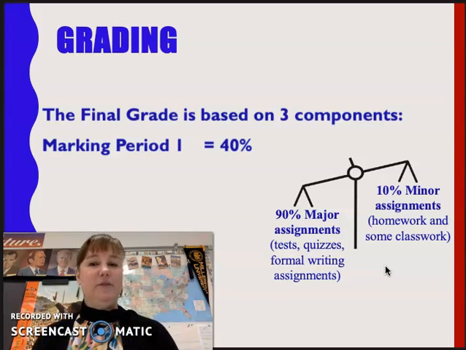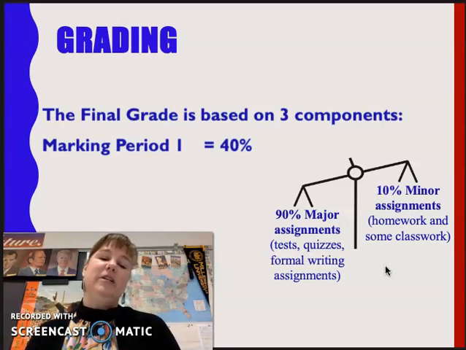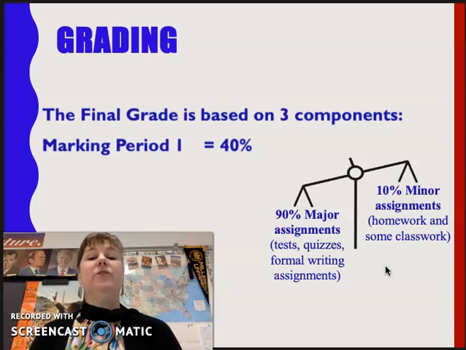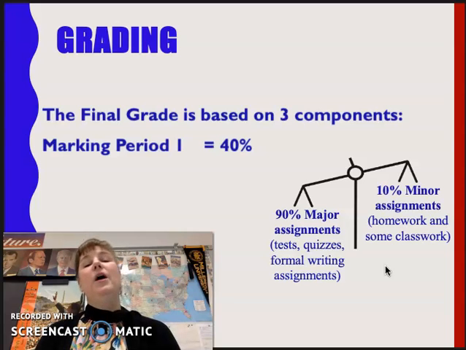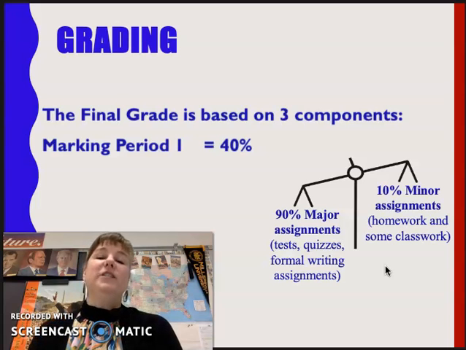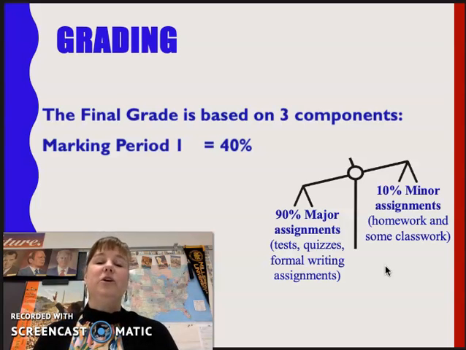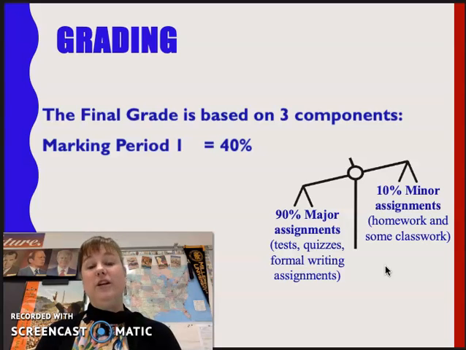So major assignments, or what we call summative assignments, things like tests, quizzes, writing assignments, things that are designed to show me what the students know and are able to do, are 90% of their marking period grade. So the bulk of their marking period grade is based on what they can do and what they know. The remaining 10% is what we would call formative assignments, the homework, the classwork that they complete when they are learning the material. And that is just 10% of the grade.